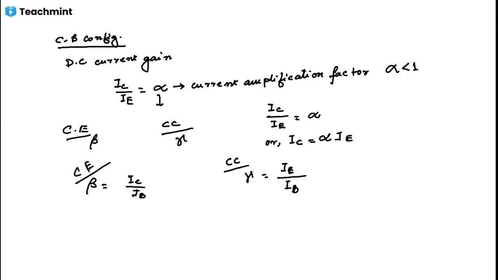So there is a relation between alpha, beta, and gamma. And that relation must be very important. This relation is very much important. We have to calculate or find out the relation.